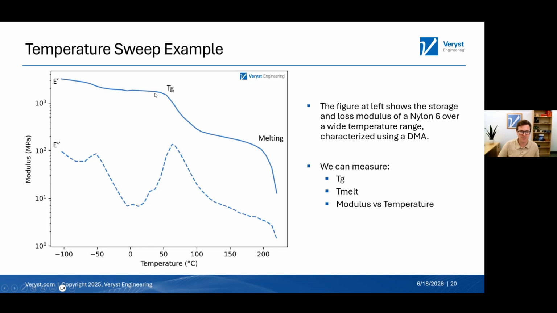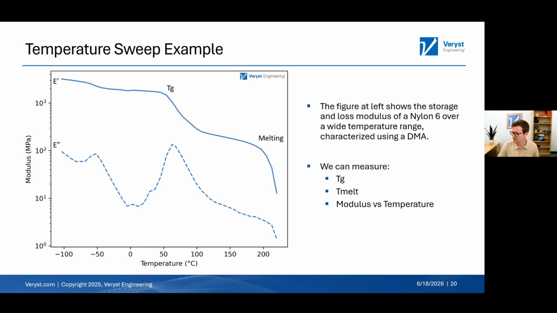But once you hit about 50 degrees C, as soon as you go above that, because you're hitting this Tg range, you're going to have a steep drop off of the modulus. This is in log scale again. Once you hit that temperature, you're going to have a much softer material. And this is all done through one single test. It's relatively easy and straightforward to perform, and you get so much information out of it. It's just the most informative test you can do to characterize the temperature behavior of your materials.